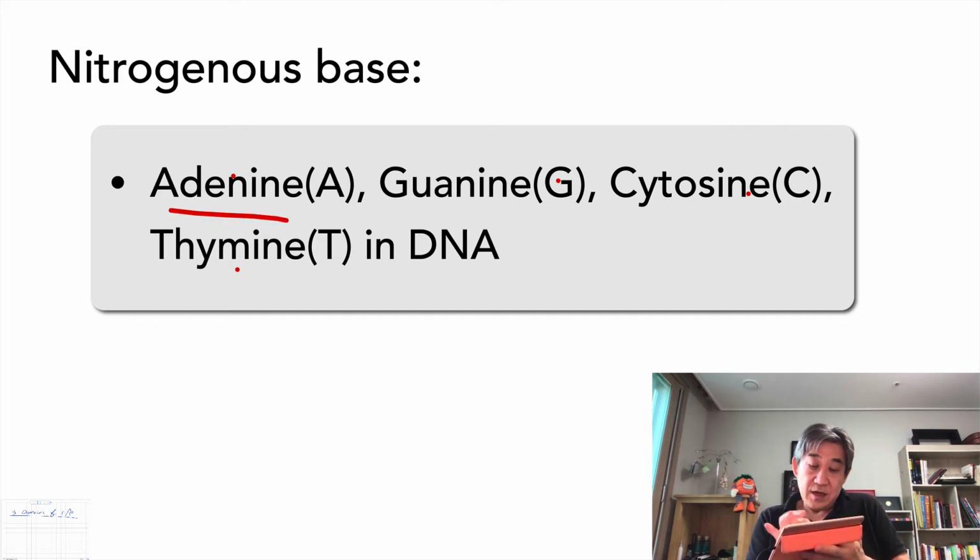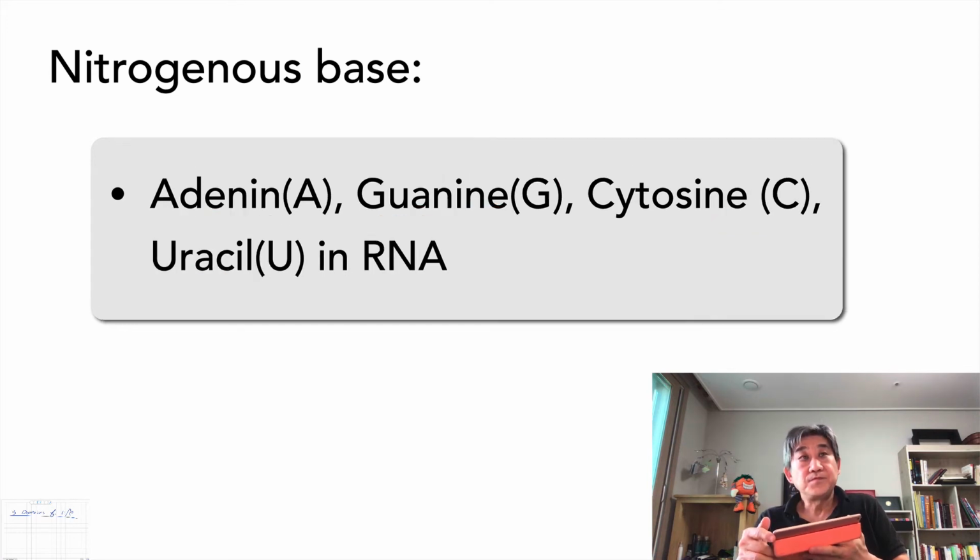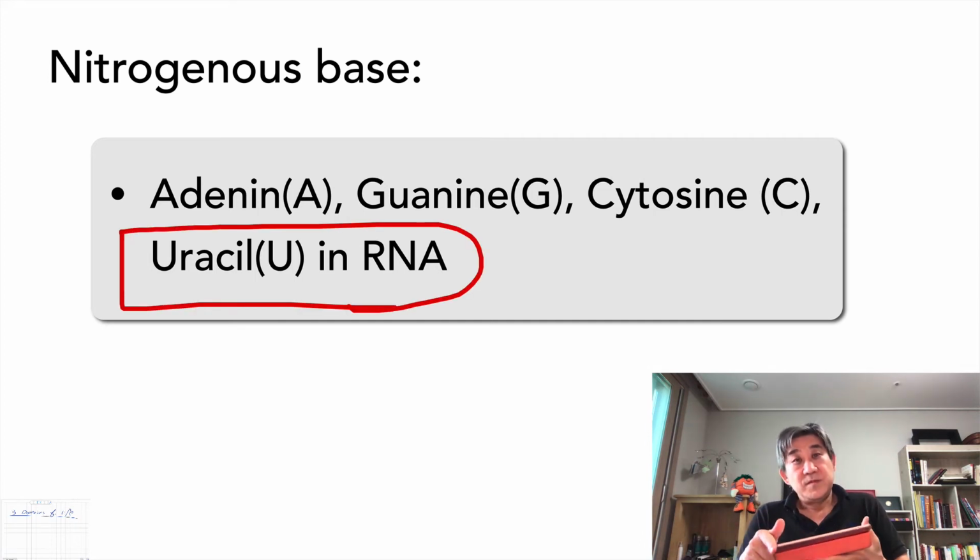One is called adenine, and the others are guanine, cytosine, and thymine. In the case of RNA, uracil is substituting for the thymine.